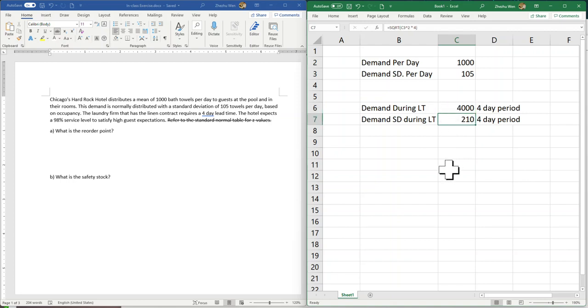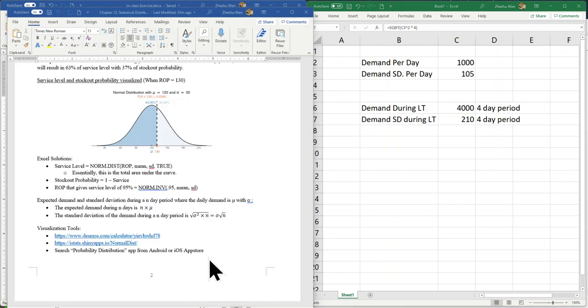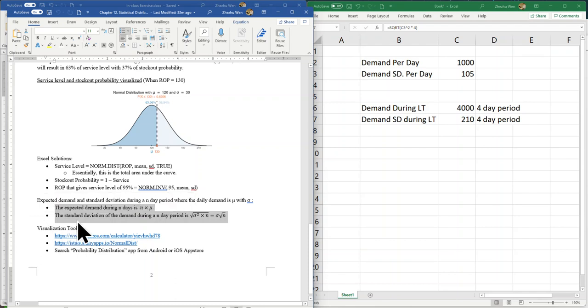That needs a conversion process. If you look at the lecture note that I distributed today, that's basically what it is: expected demand during n days. If your lead time is n days and you only know the daily demand, this is the way you get the expected demand, and this is the way you get the standard deviation during your lead time. So that's why I'm saying you have everything you need.